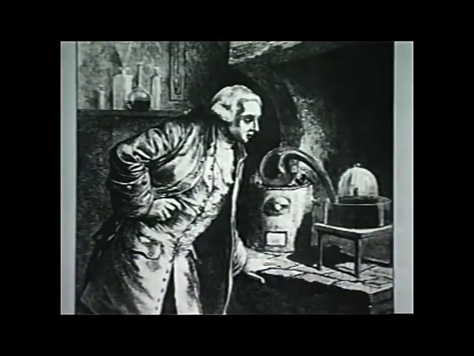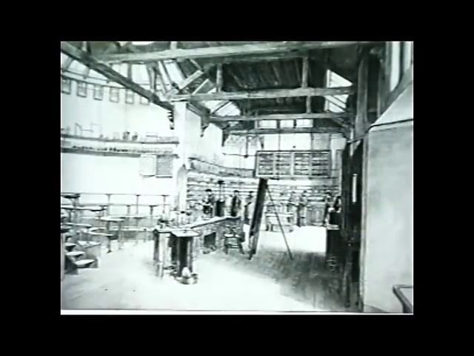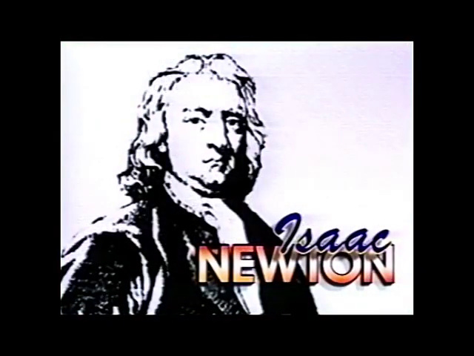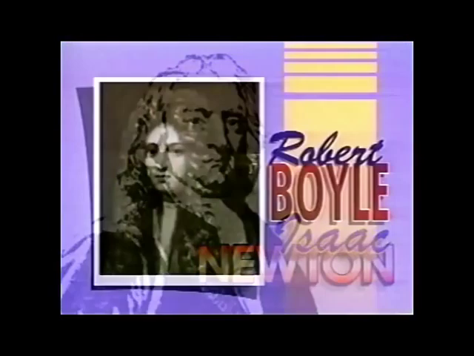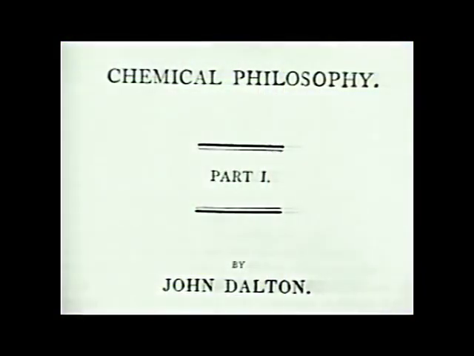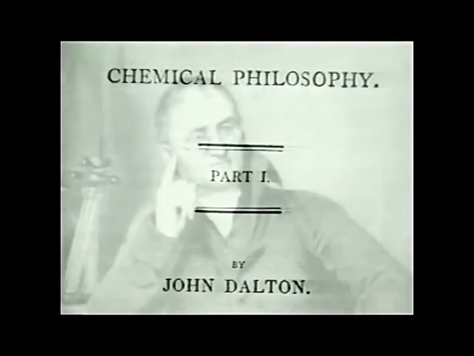By the 17th century, that had changed. Scientists now worked in laboratories to find answers to their questions. The notion that all matter was made up of atoms was now well accepted and taught by scientists of the day. In 1803, John Dalton revived the theories of Leucippus and Democritus.